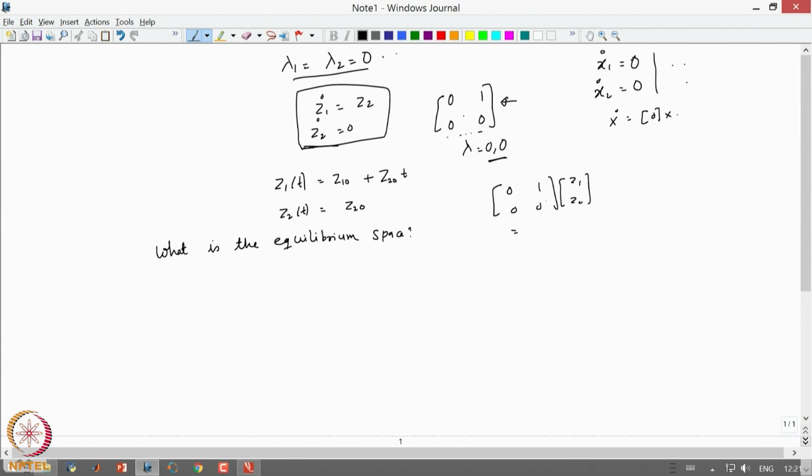This will give me that Z2 equals 0, and therefore the entire Z1 axis is the equilibrium subspace.